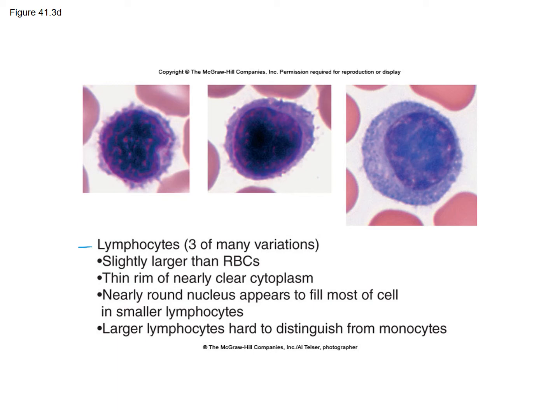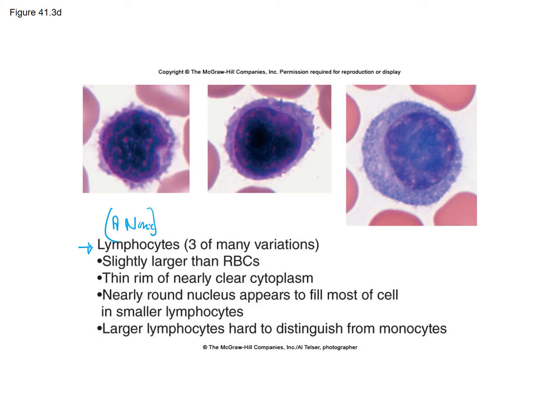Lymphocytes are agranulocytes again, the ones that do not have granules, or have granules but not specific, so you cannot stain them blue or red. Agranule means none, does not have granules. They are slightly larger than the red blood cells, with a thin rim of nearly clear cytoplasm.